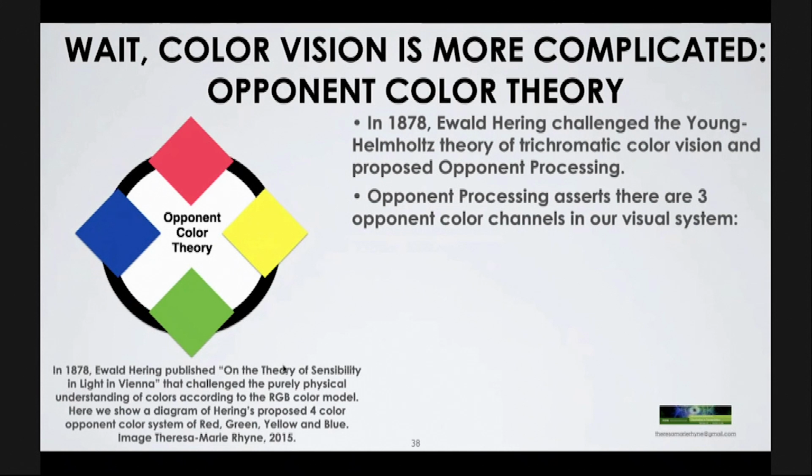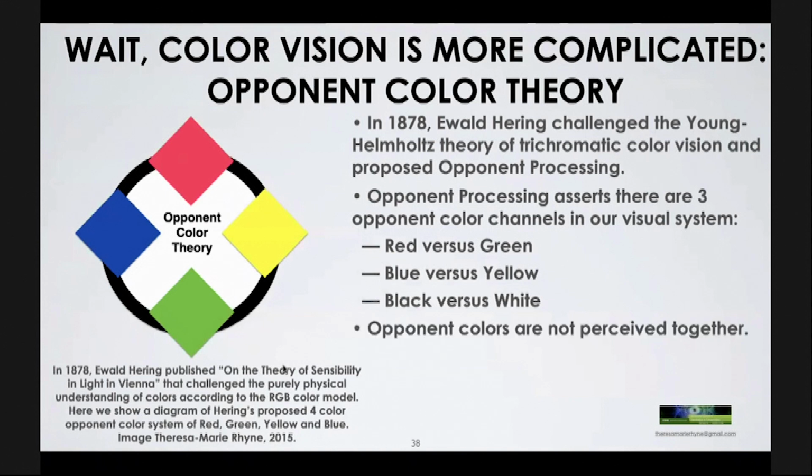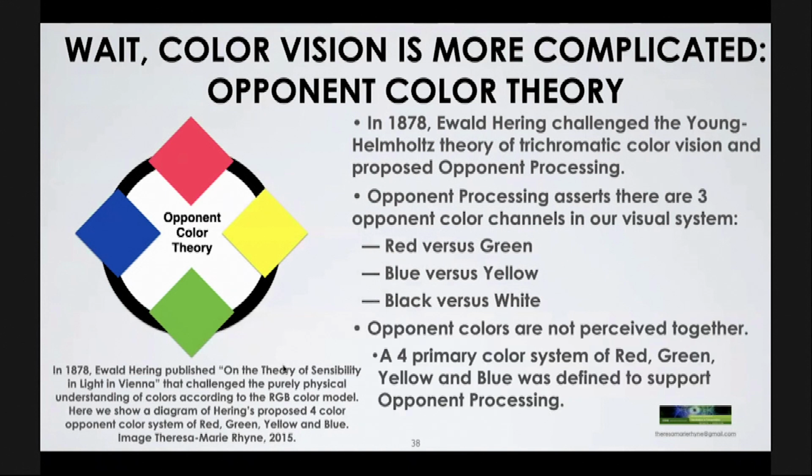Now you're going to think paints and say, if I combine those 2 together, that's icky, man. That's awful. No, I'm talking about lights. If you're out in the world, red and green, they don't mix together. You don't get mixed up. They don't mix together. Nor do yellow and blue mix together. So red versus green, blue versus yellow, black versus white. Now Hering said, this is what I see in terms of lights.